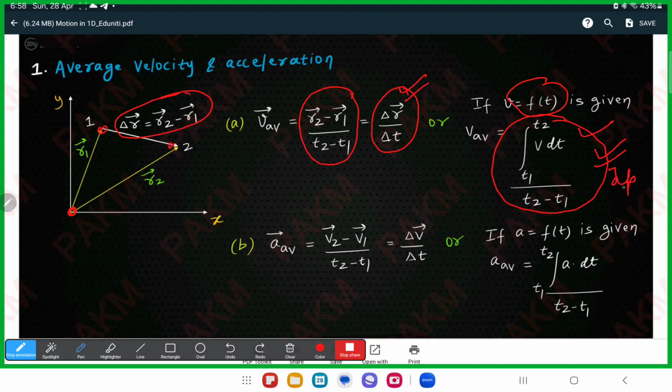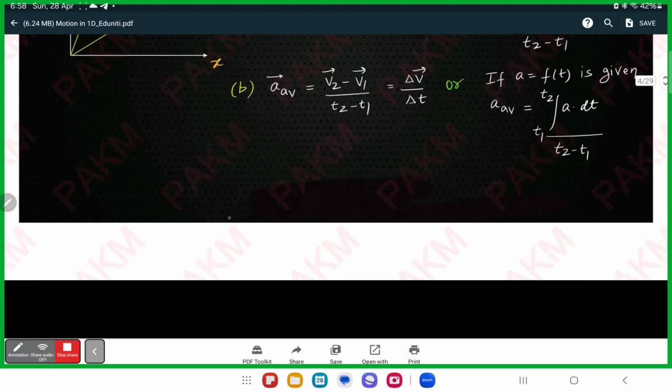This question is important, and we will surely discuss it afterward. Average acceleration is equal to v2 minus v1 upon t2 minus t1, or delta v upon delta t. And again, if a function is given, we use the integration of a dt upon t2 minus t1. These are the basic formulas that we will use.